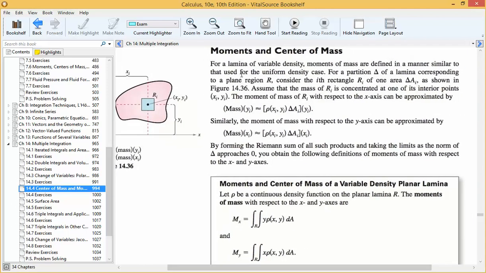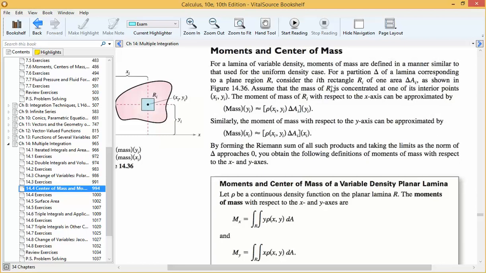See what your book says. For a lamina of variable density, moments of mass are defined in a manner similar to that used for the uniform density case. For a partition delta of a lamina corresponding to a plane region R, consider the ith rectangle R sub i of area delta A sub i as shown in figure 14.36.